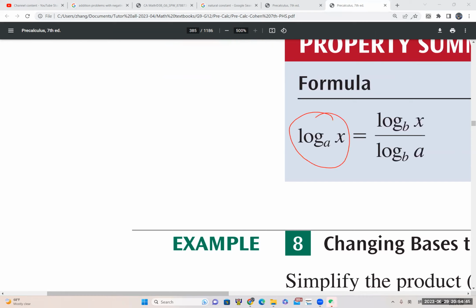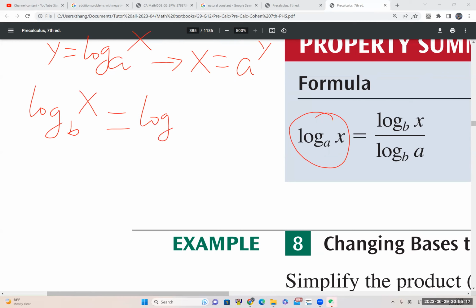If we call it y, how about y equal to log base a of x, right? Then we have x equal to a to the y, right? Then per the method they used just now, both sides take a logarithm with base b. So we have log b of x equal to log b of a to the y. But this can go to y times log b of a, right?